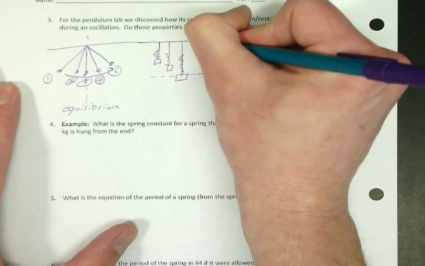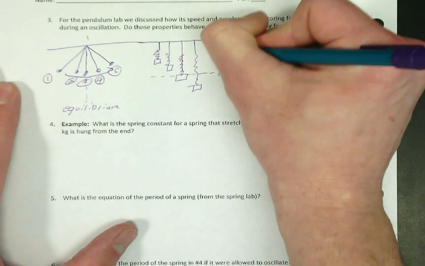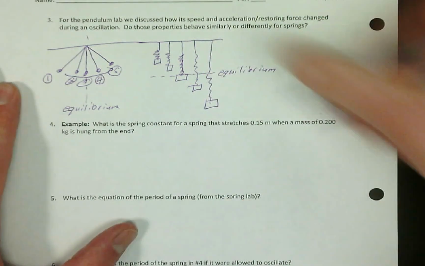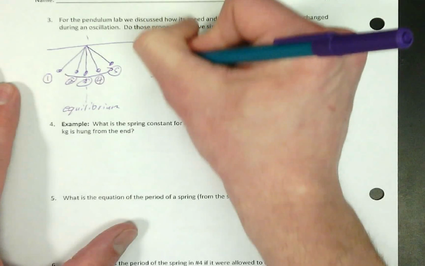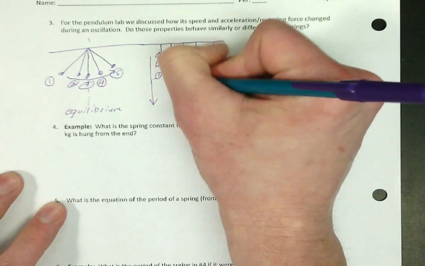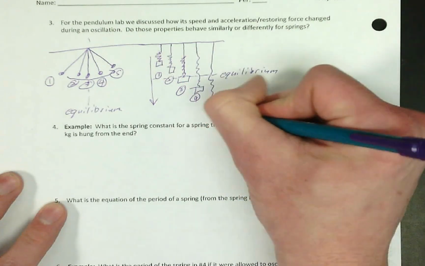Okay, keeps going a little bit further. Now it's starting to stretch out, and then it gets all the way stretched out as much as it can, and then it'll go back again. So it's going this way in its motion. And again, we got our spots 1, 2, 3, 4, 5.